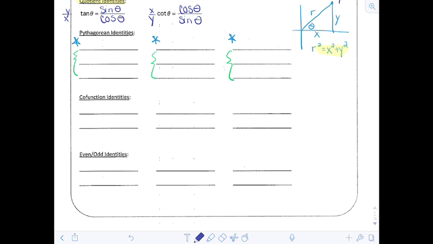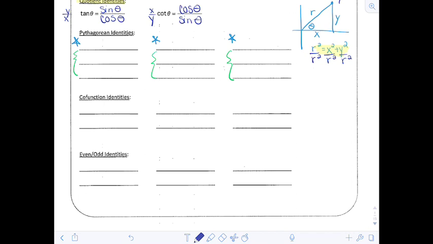So if I do something to one part of the equation and then I do it to every part, I haven't broken any math rules. So what we're going to do is first divide every term by r squared. Doing the same thing to every part of the equation is okay.